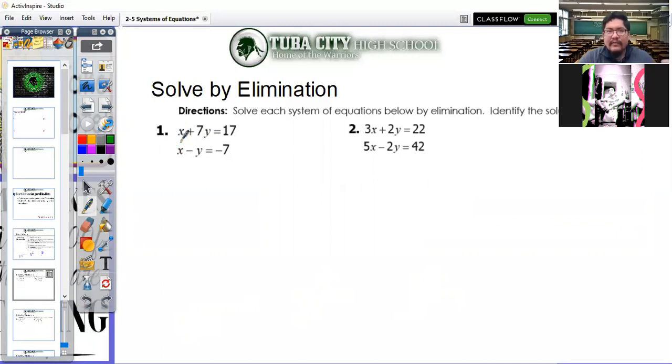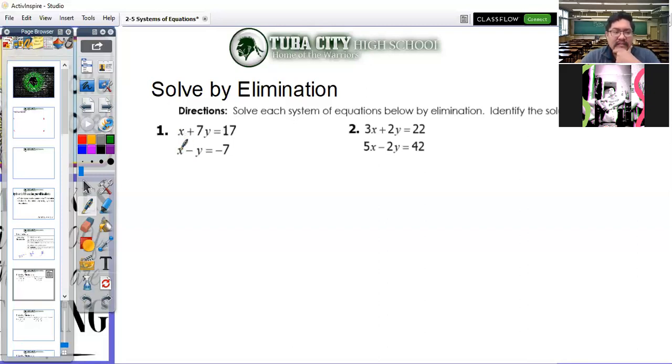This is good. We want them to be the same number, but we also have to make it so that one of them can be subtracted from the other so that it's gone. Remember what we were talking about last time with substitution: we have to get rid of one of the variables, because you can't solve something when you have two variables. So we have to get rid of one so that we only have one variable left.